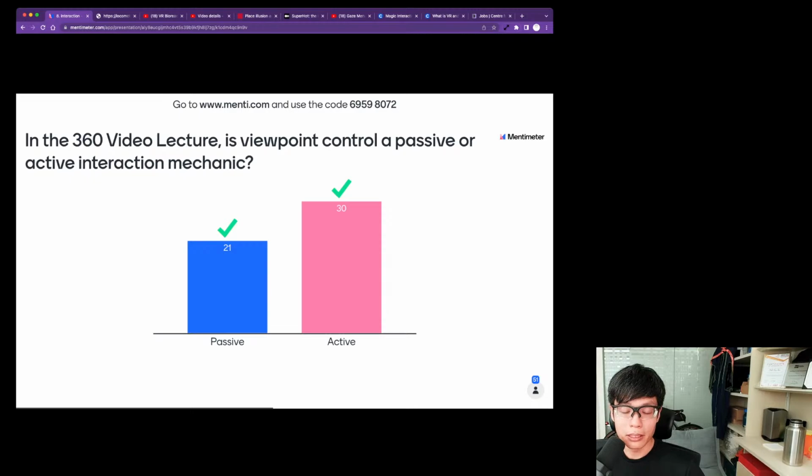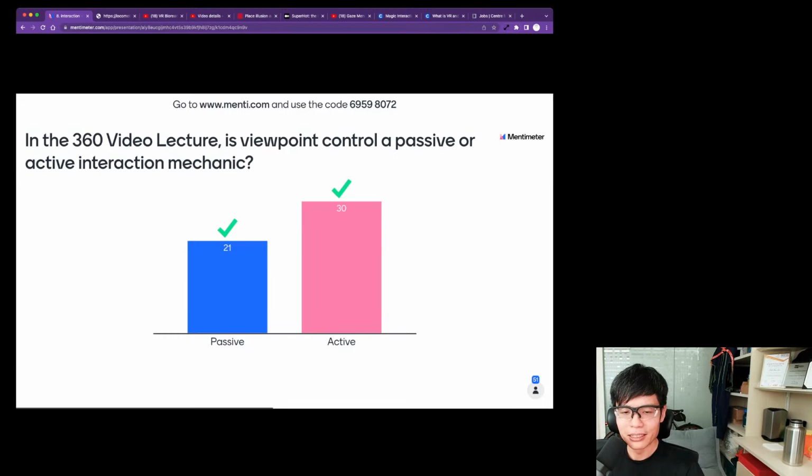But if your viewpoint control is meant to be a certain action, that means in your VR experience one of the goals is for the user to stare at something for it to explode, so that becomes an active interaction mechanic. So viewpoint control, strictly speaking, doesn't always have to be passive. Most of the time it is passive.